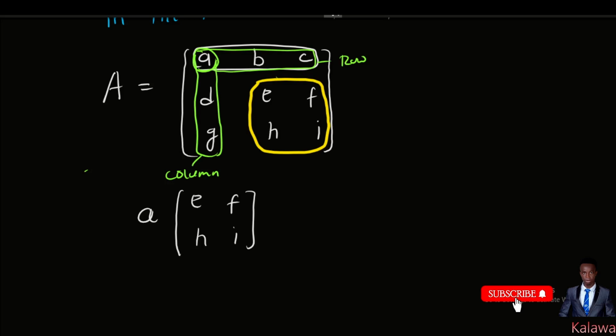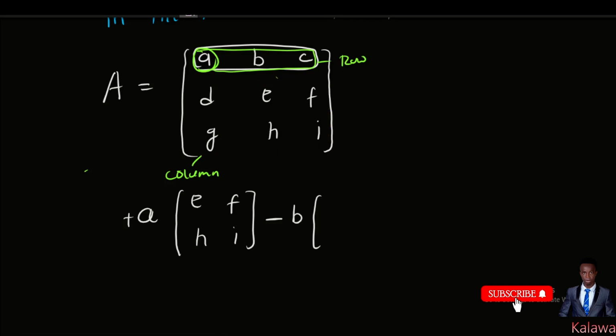If the first is positive, we now move to B, which is the second element in the row. B is supposed to be negative, minus B into its minor. Again, for B we do the same thing. We determine the column in which B is located and the row in which B is located. Whatever remains is known as the minor.